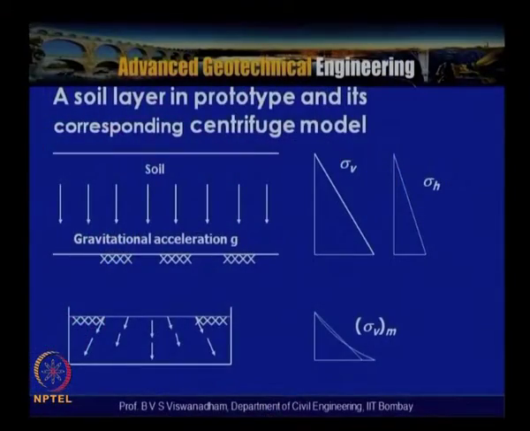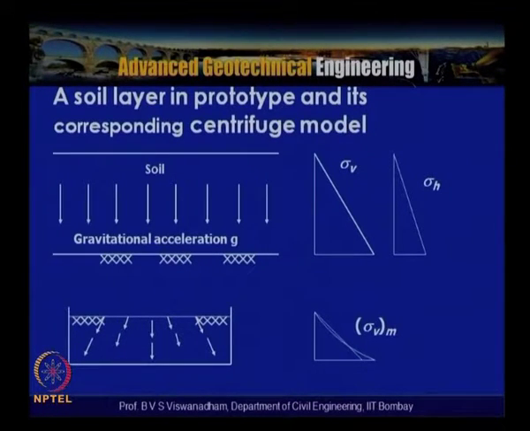And in this slide, what we have discussed about the normal prototype: when you have a soil strata of certain thickness, because of the self weight, the vertical stress is sigma v, and the horizontal stress, if it is normally consolidated soil, the distribution is shown here.